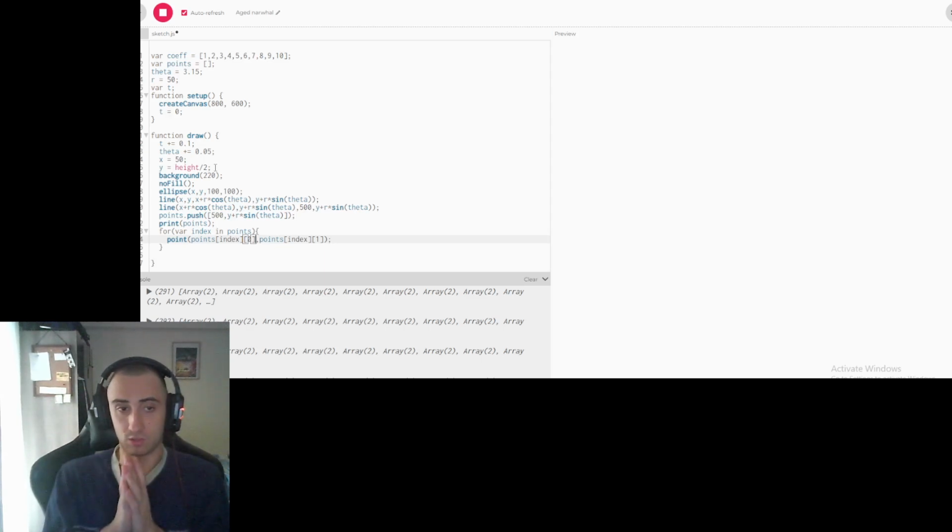First point is drawn at 0.1 time. And I want it to be at x equals this plus 0.1. Then the next time I want to also add 0.1.